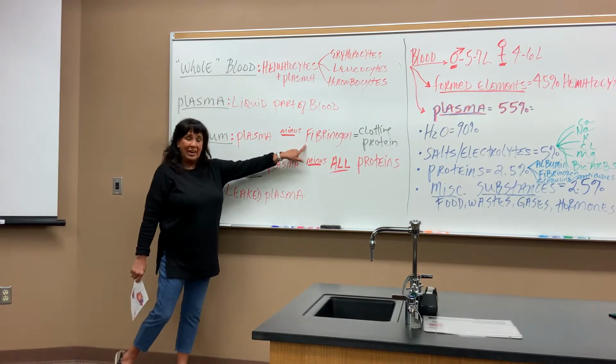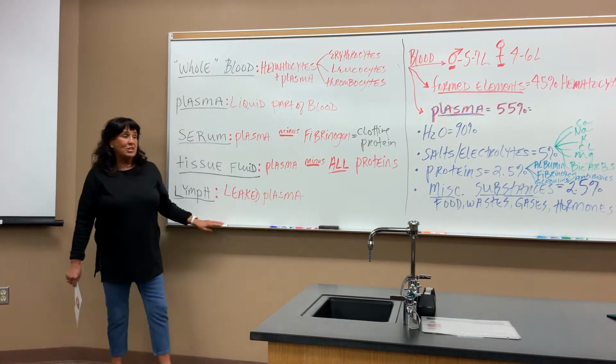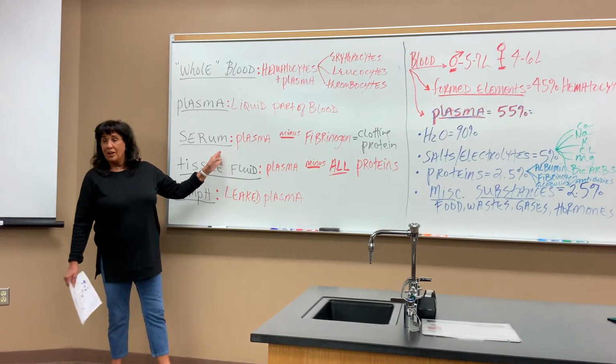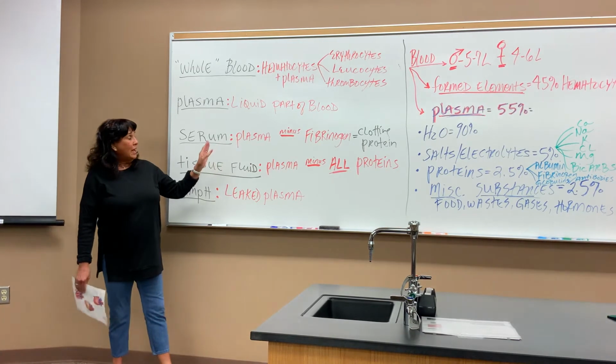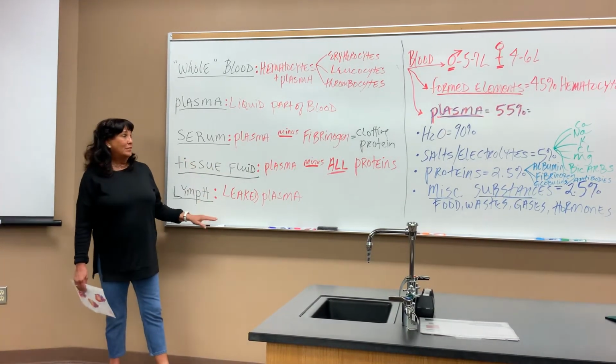In the serum, they add a chemical that will destroy this specific protein. Then you can use serum in transfusions for operations, for any emergency situation. So serum can be used for many different things.